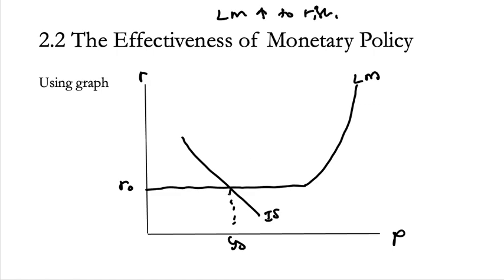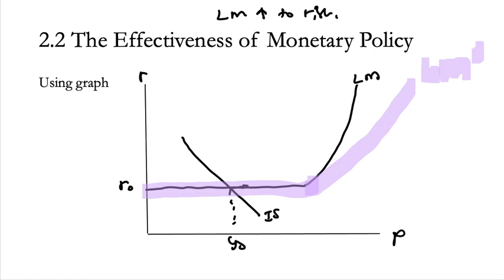If the economy is in the flat region of LM, how does LM shift to the right? It will be like this. Okay, there you go, and this one is the new LM.